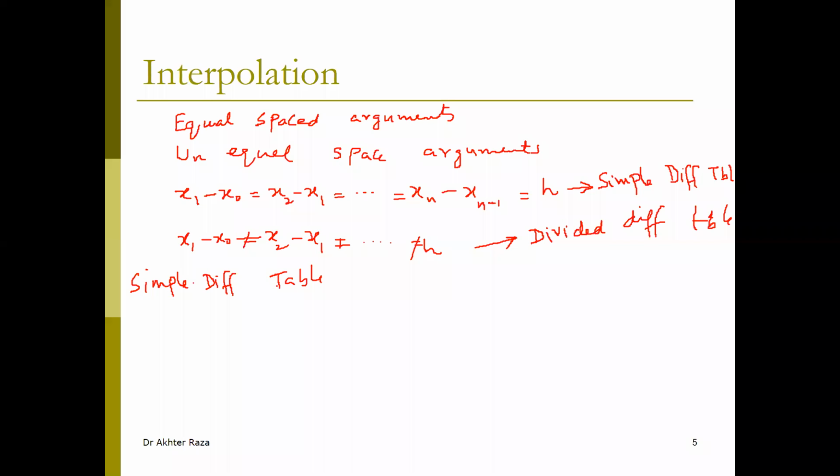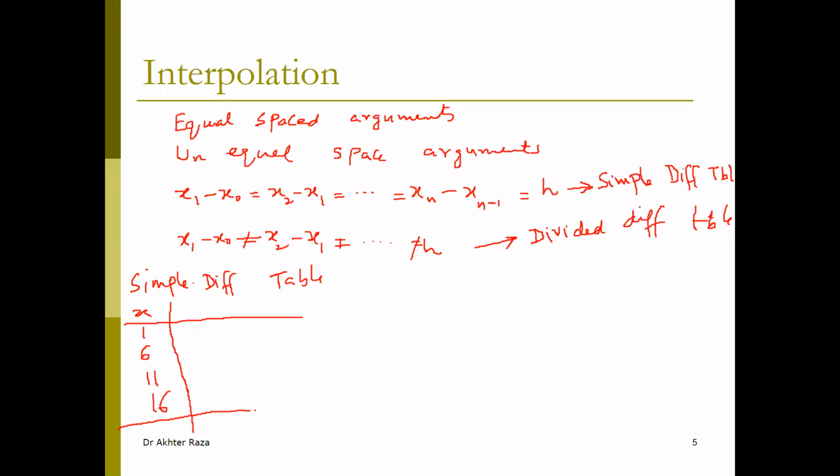How can we construct a simple difference table? Suppose these are the different values of x which are given: 1, 6, 11, and 16.